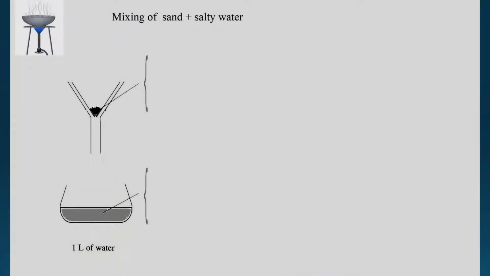Method example. When there is a mixture of sand and salty water, you use a filter and collect the water. You have two components: the sand, which is undissolved, and NaCl, which is dissolved.